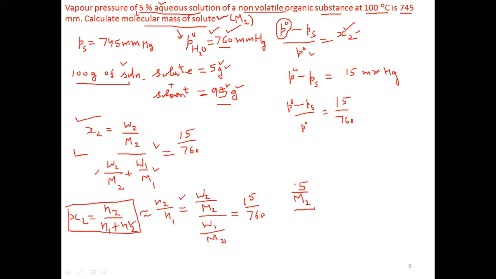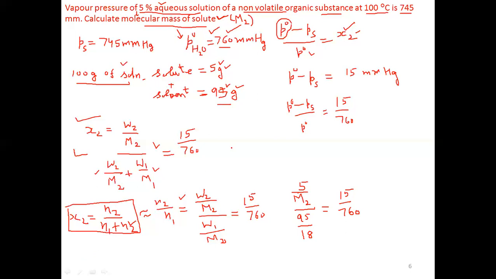Now W1 we have, it is 95. And what is the molecular weight of water? It is 18. So it becomes equal to 15 divided by 760.